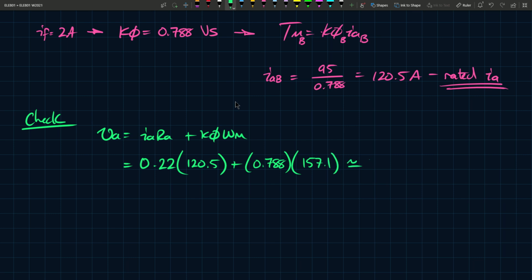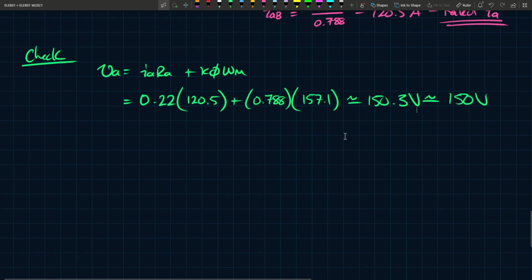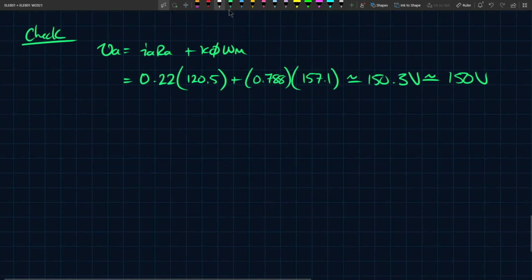If you calculate this, you'll get approximately 150.3 volts, which is approximately 150, which is given to us in the question as the rated armature voltage, meaning we're on the right track. Doesn't mean we're correct on everything, but we're doing something right, and some assurance is better than no assurance, I suppose.